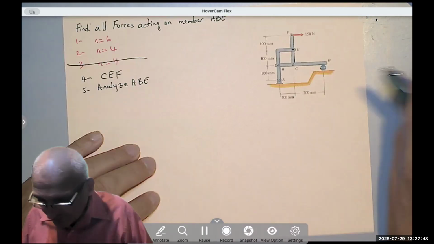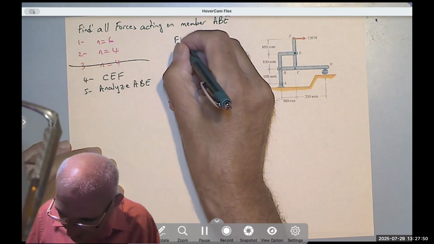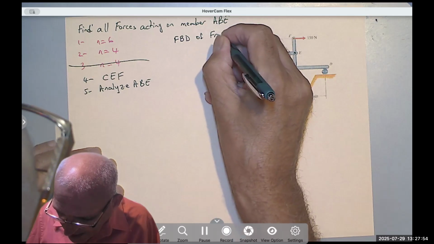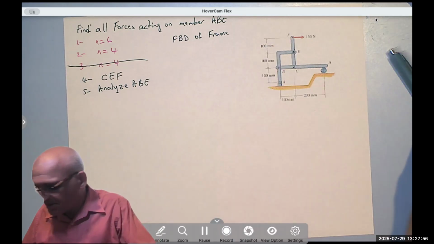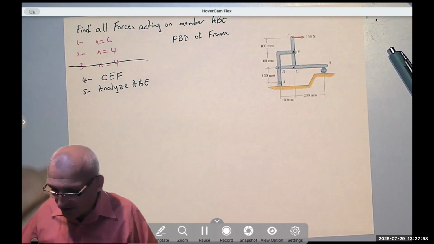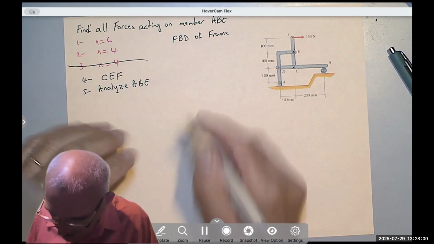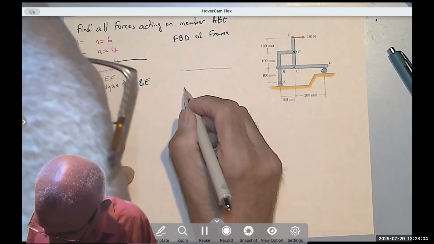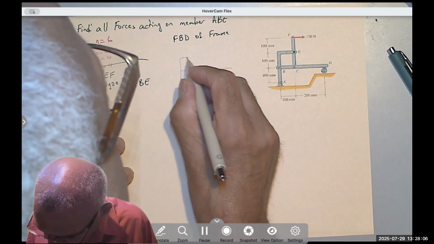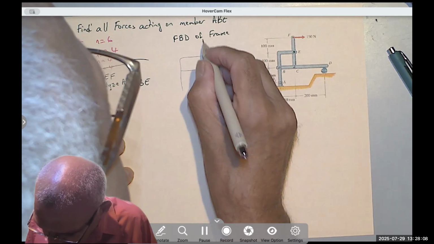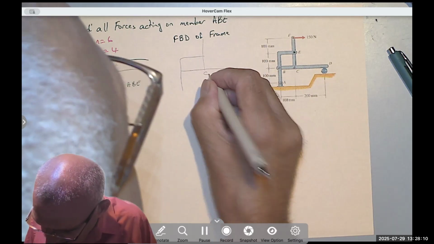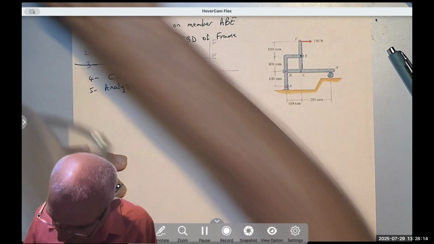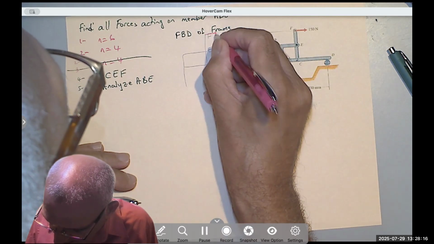So now I know exactly what I'm going to do. I'm going to draw the free body diagram of the whole frame. Why? Because I need to find the reactions at the support A. So here I have BCD, here I have ABE, and here I have CEF. This is CEF. At F, there is 150 Newton to the right.